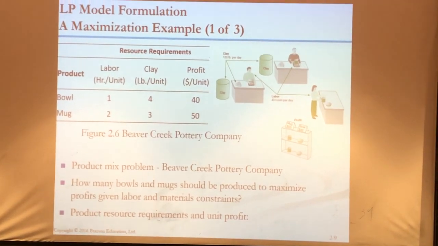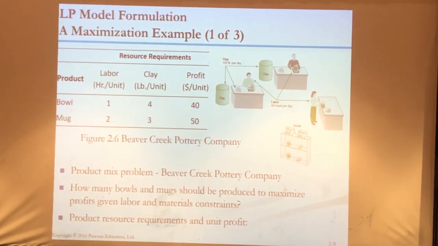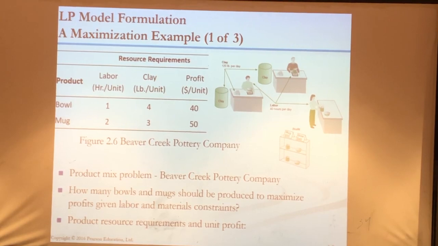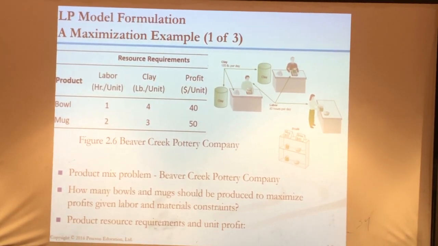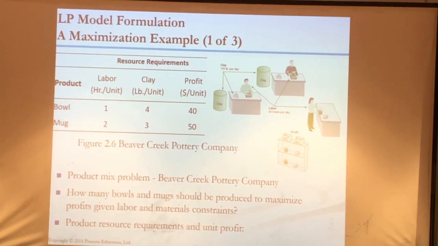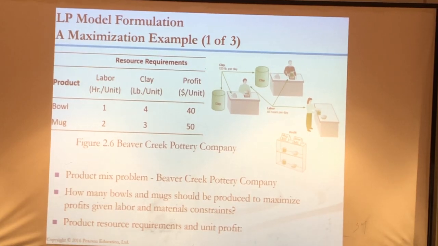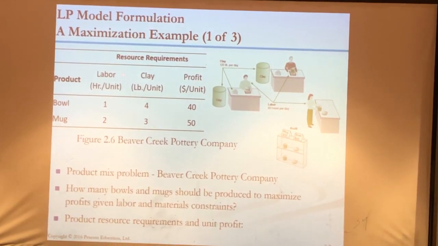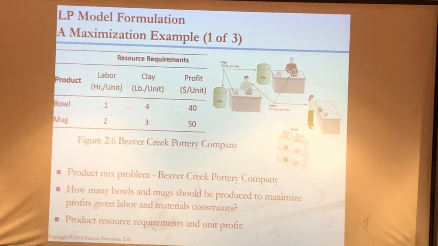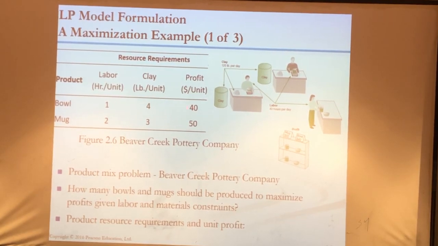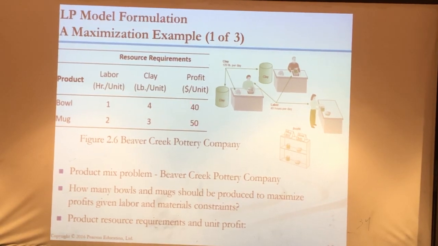This is an example here. The company is making two products, bowls and mugs, and they are using two resources. One is a material resource, which is clay, and another resource is labor hours. And of course we have the profit: for a bowl it is $40 per unit, and $50 per mug.